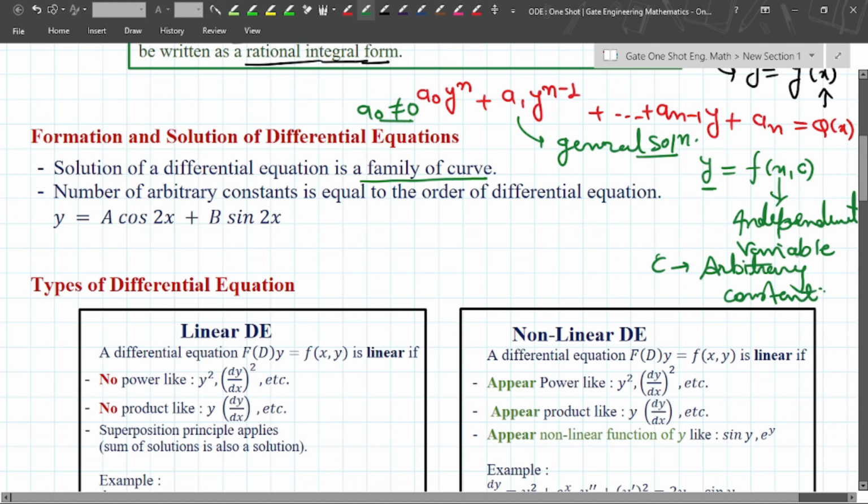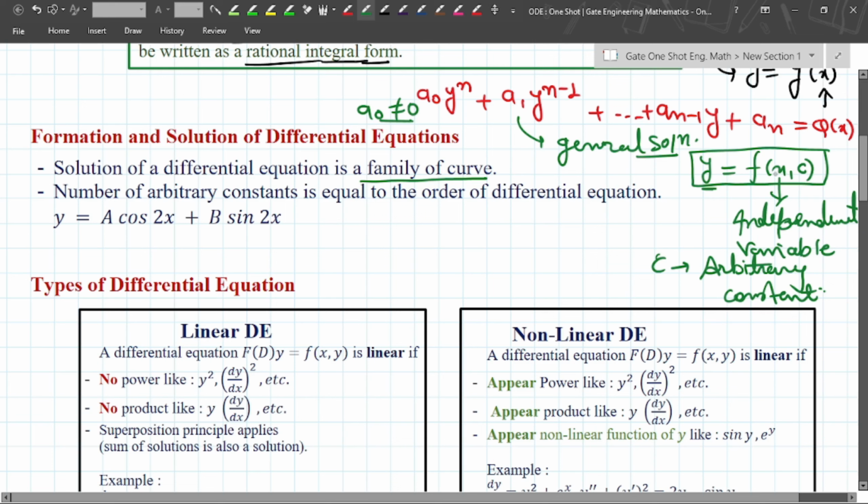So there will be arbitrary constants, there may be 1, 2, 3 or whatever. Now the question arises: how many constants arise in the general solution? Okay, this is the general solution of any differential equation.